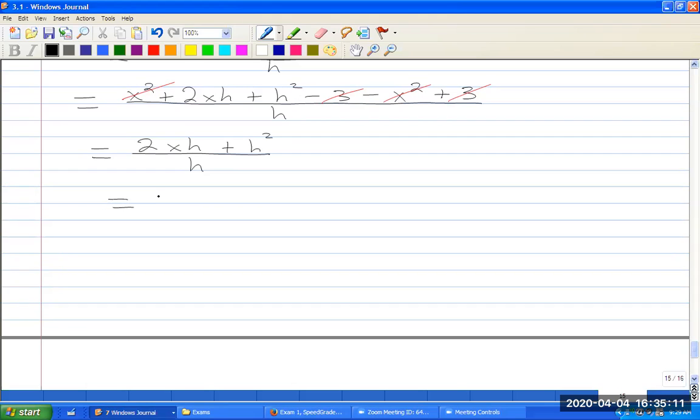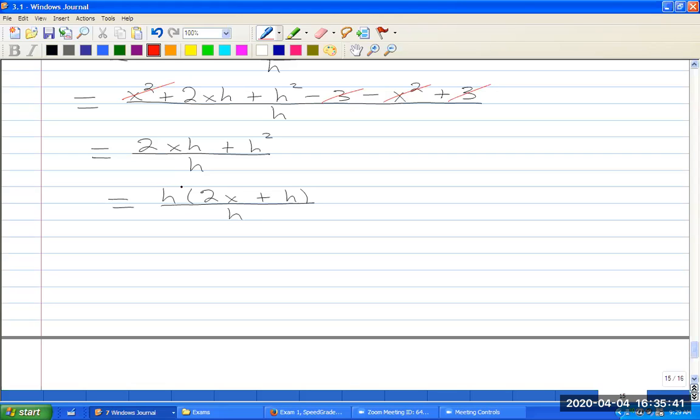Let's factor out the h that is in common in the numerator. Even if there were other terms, the common factors I would leave there. I really just want to factor out the h. So what remains after I factor out the h is 2x plus h, divided by h.